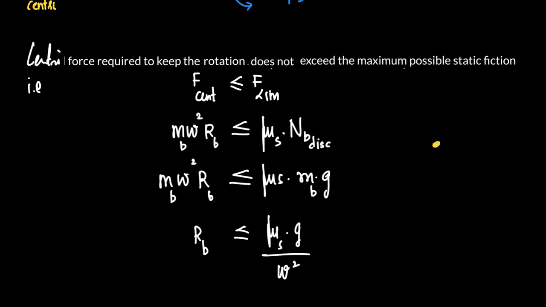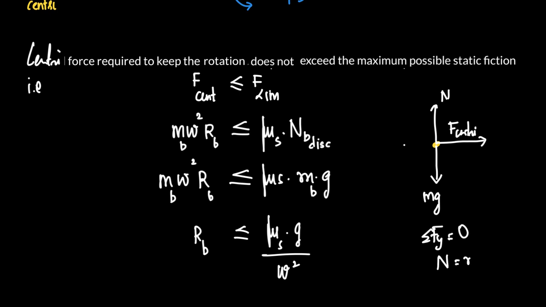If you consider this to be the free body diagram of the beaker, we have weight acting downwards, normal reaction acting upwards, and there is F centripetal always acting into the circle, right? So if sigma Fy is equal to 0 here, the normal reaction will be N is equal to mg, right?